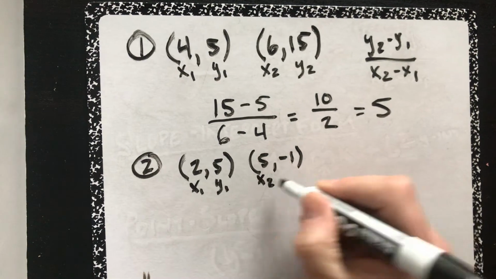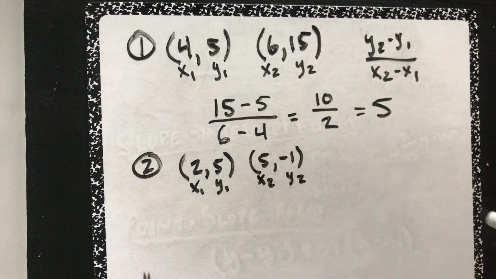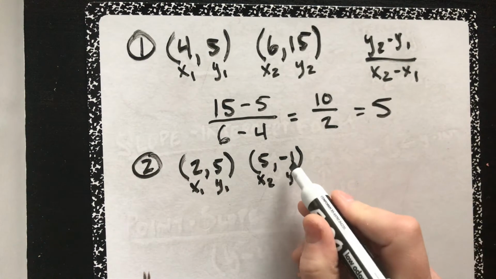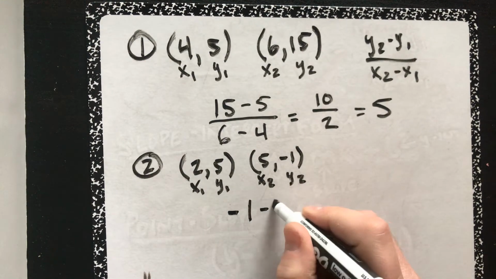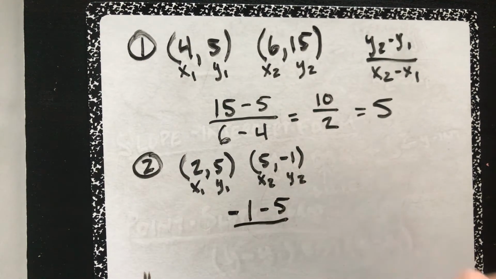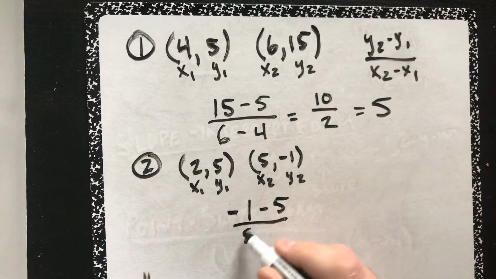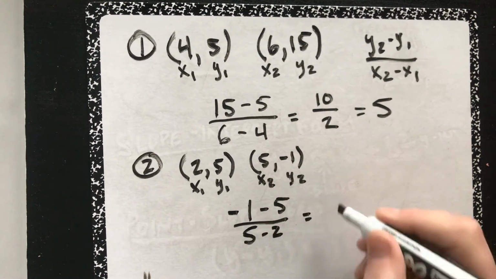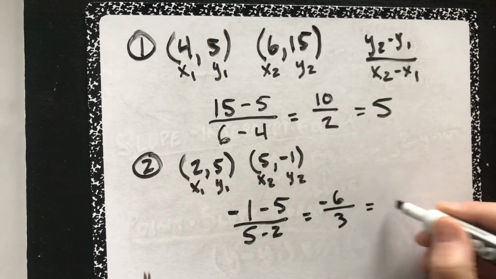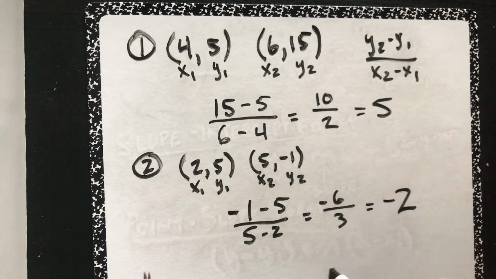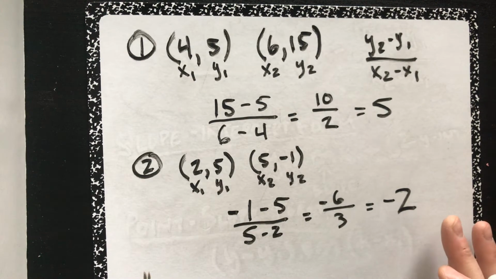This is x sub 2, y sub 2. So we have negative 1 minus 5 all over 5 minus 2. This equals negative 6 all over 3, or negative 2 is our slope. Those problems are really easy.